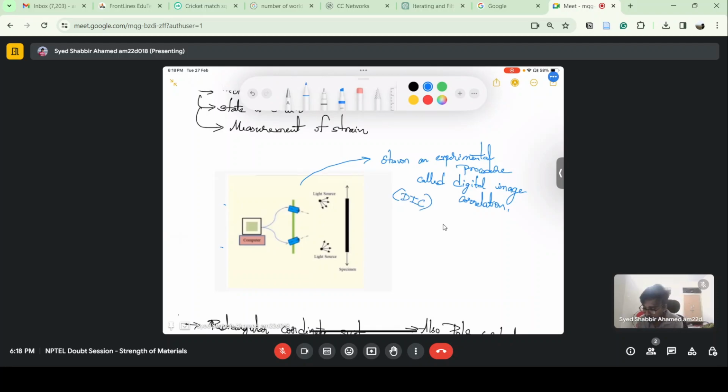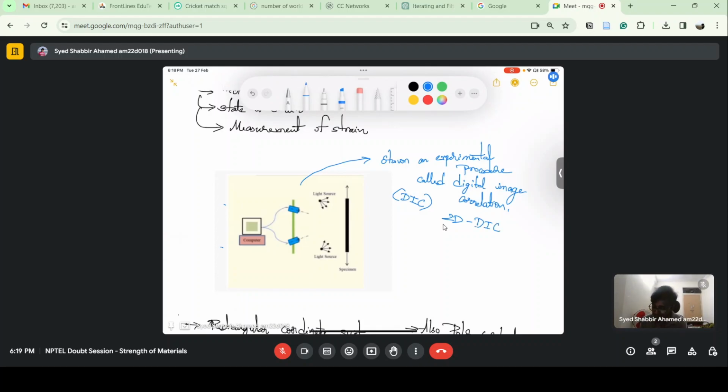Whenever we have only one camera, that is called a 2D DIC, because it doesn't give information about out of plane deformations or displacements. So 2D DIC has only one camera.